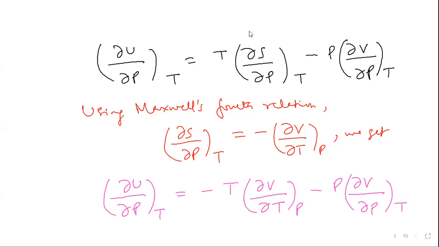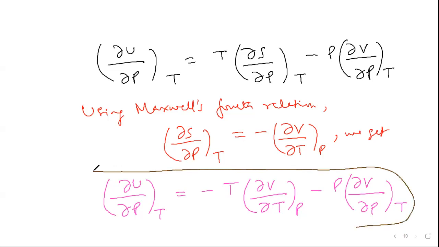Let me encircle this equation. We have replaced here ∂S/∂P at constant T by minus ∂V/∂T at constant P. So my equation is now ∂U/∂P at constant T is minus T ∂V/∂T at constant P minus P times ∂V/∂P at constant T.